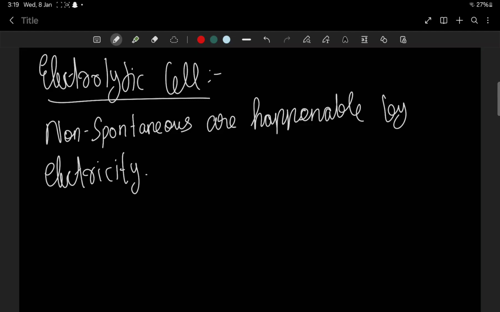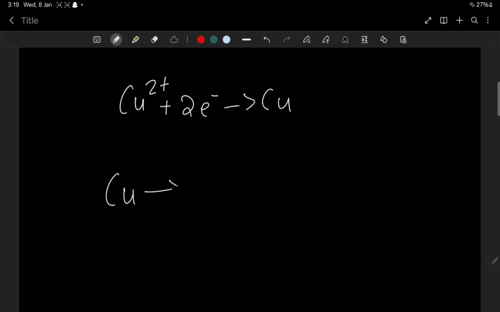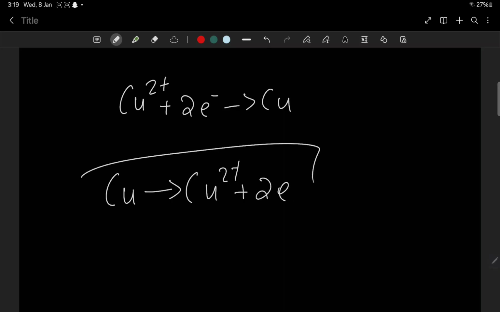You know that Cu2 plus getting 2 electrons and becoming Cu is a common reaction. Cu likes to do that. But Cu doesn't like becoming Cu2 plus and 2 electrons. This reaction is non-spontaneous.